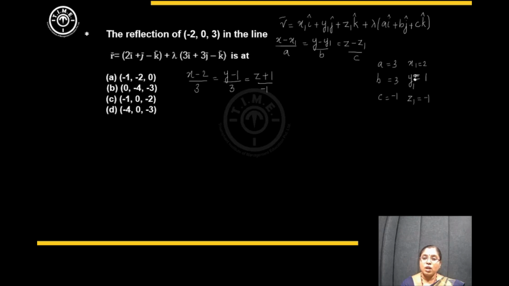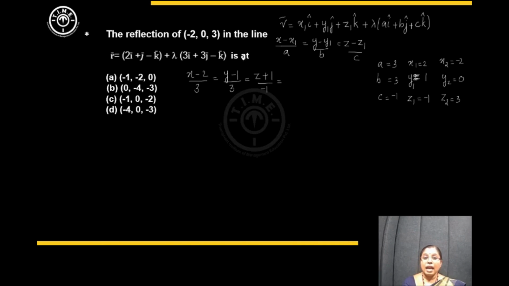So we already got x1, y1 and z1. Now x2 is negative 2, y2 is 0 and z2 is 3. So here a is 3, b is 3, c is negative 1; x1 is 2, y1 is 1, z1 is negative 1; x2 is negative 2, y2 is 0 and z2 is 3. So let us substitute and find out lambda p.